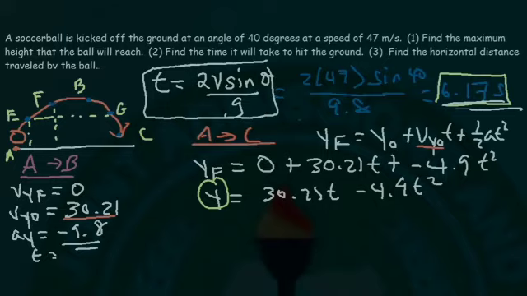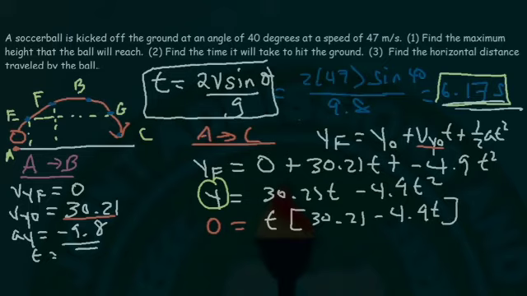What we're going to do is set y equal to 0, because at point C, the position is 0. What you want to do is factor out t, and you'll get t times 30.21 minus 4.9 t is equal to 0. So we have two equations. When it's in its factored form, you can set t equal to 0, that's the first answer. And for the other one, you set what's inside the bracket equal to 0.